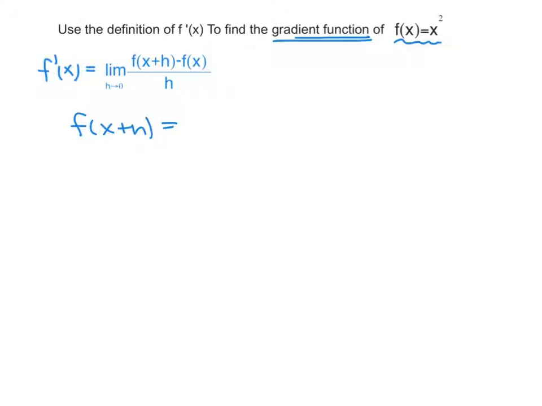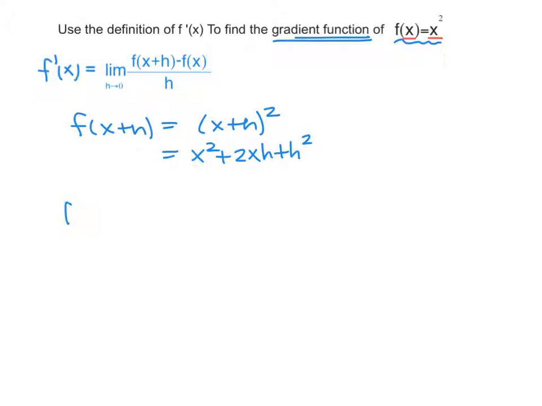For every x, we are going to replace that x with x plus h. So we have x plus h squared comes out to be x squared plus 2xh plus h squared.